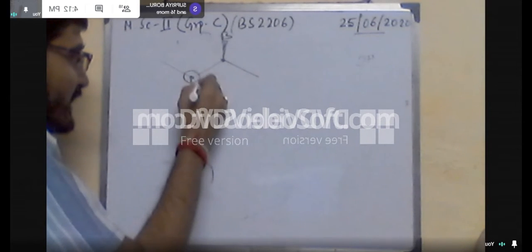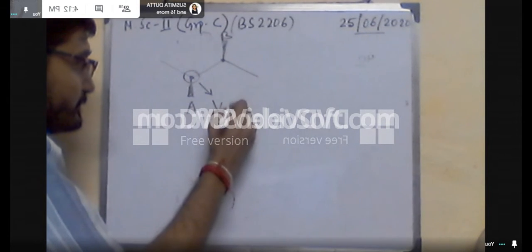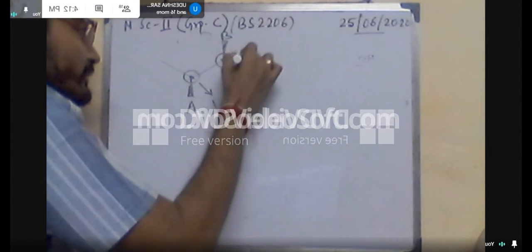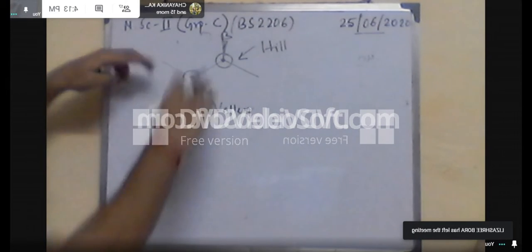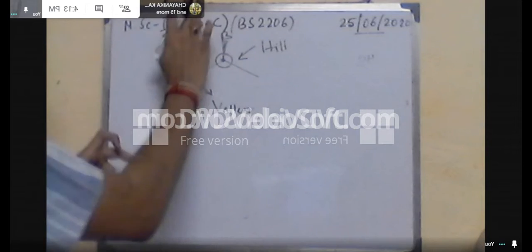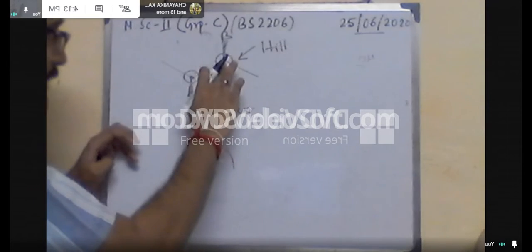So in this case you can see this bond is towards the viewer. When you are interchanging the position, the beta bond will be alpha and simultaneously the alpha bond will be beta. That means both the positions of A and B will be exchanged when you are exchanging the hill and valley.